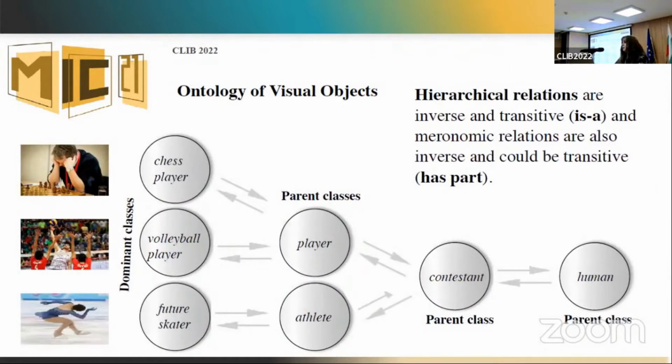We introduced more relations than the relations we have in WordNet. Only is a relation is inherited from WordNet, and the relation has part also, which is a meronymic relation, is also inherited from WordNet. These two relations are hierarchical relations, and their features are that they are reverse and also transitive relations.